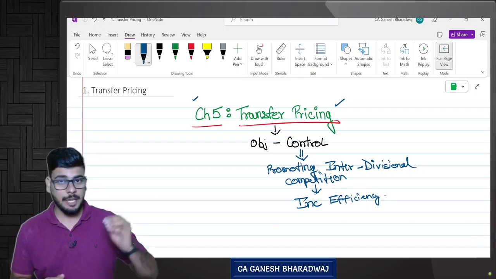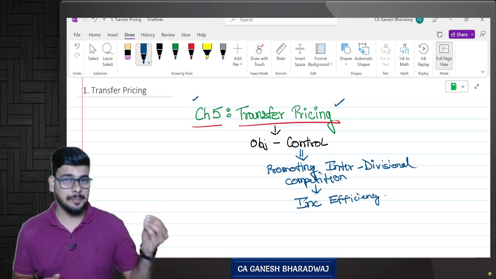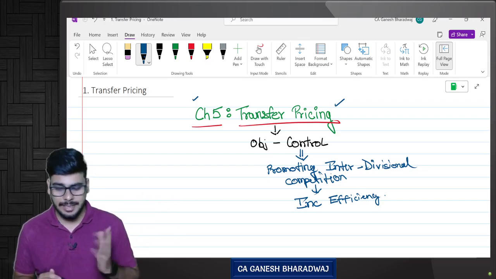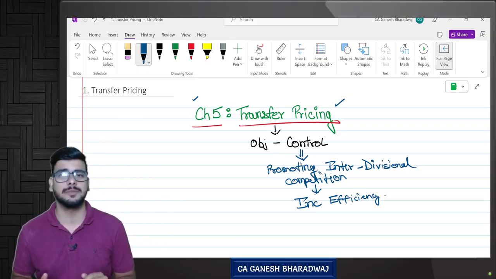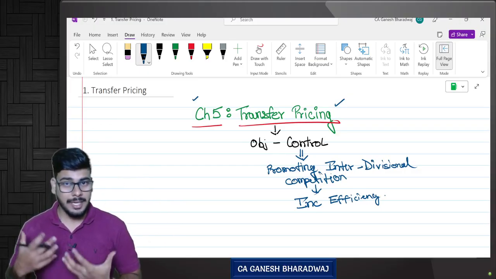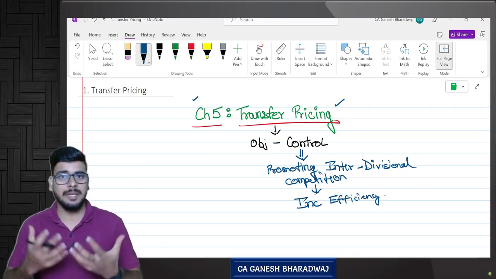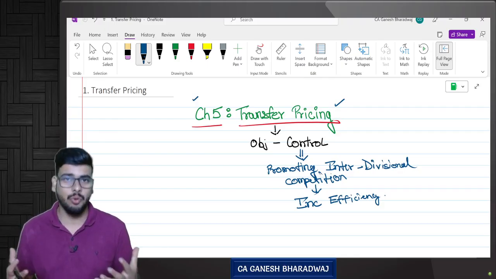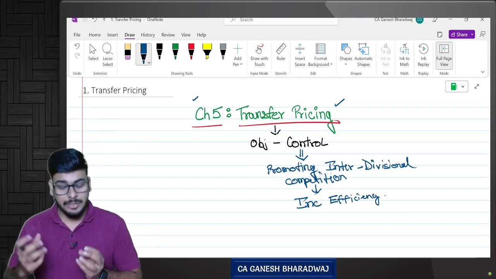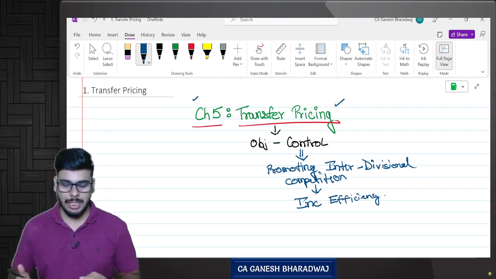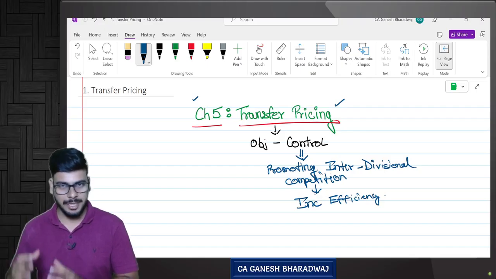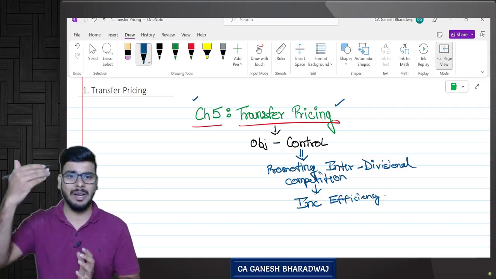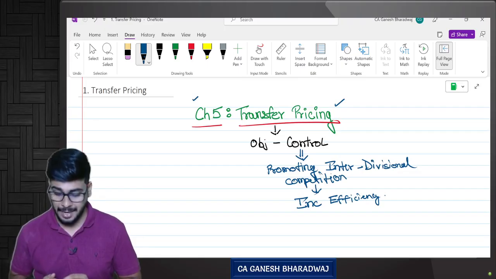For instance, if you compare this with the CA course, transfer pricing is not there in intermediate level at all. It is a CA final level concept. Yes, but in CMA, since cost and management accounting forms the major core of this particular course, they have kept certain basics of transfer pricing in this particular level itself. Advanced level topics are there in CMA final.